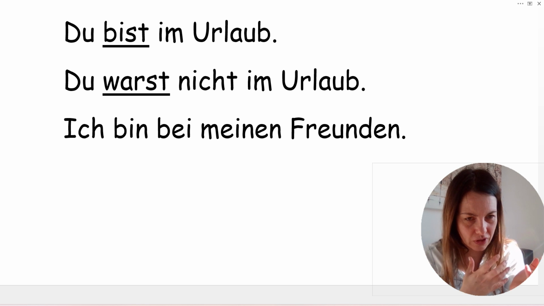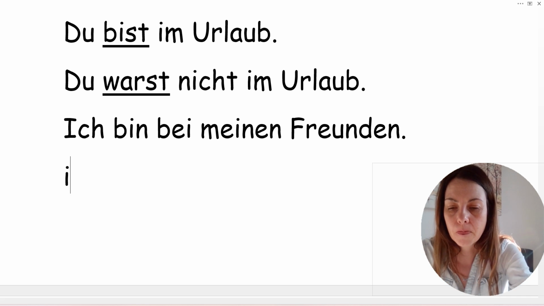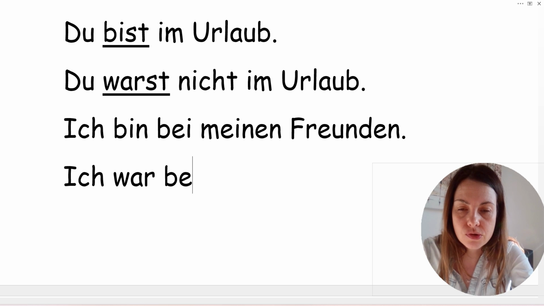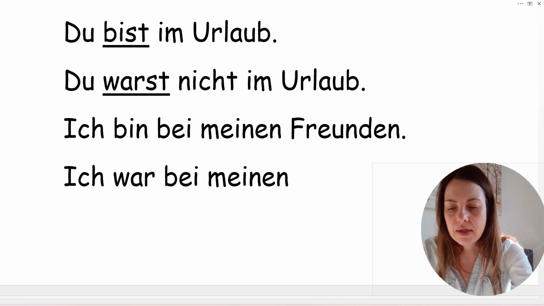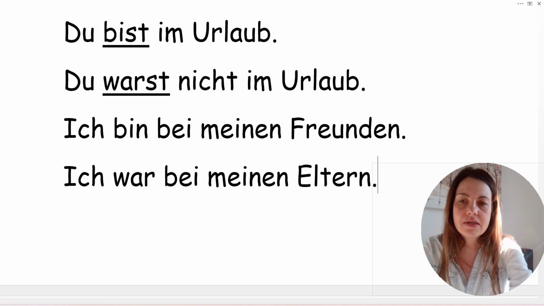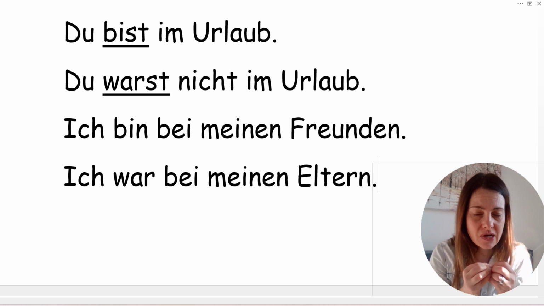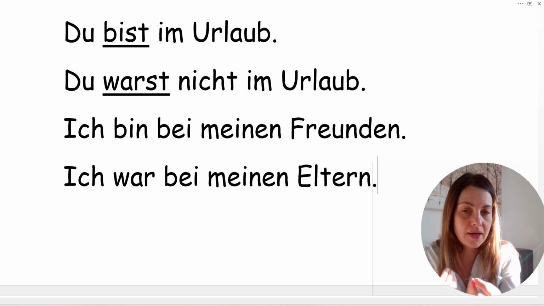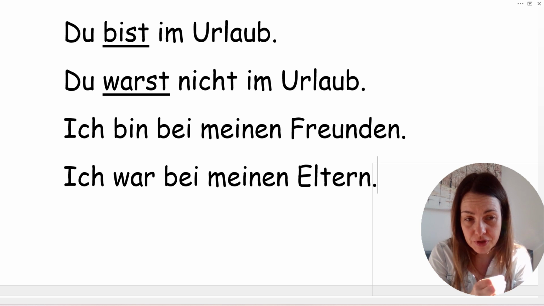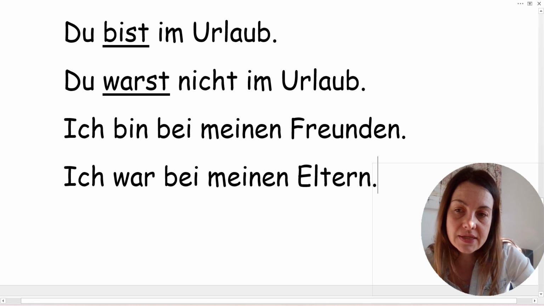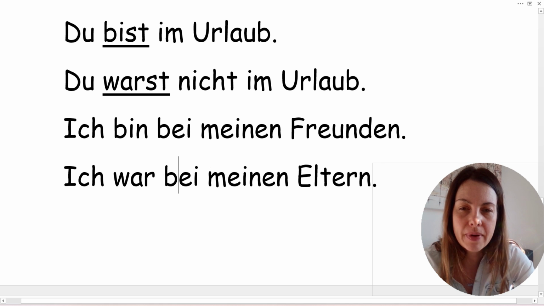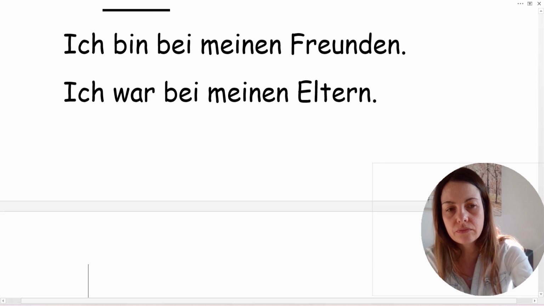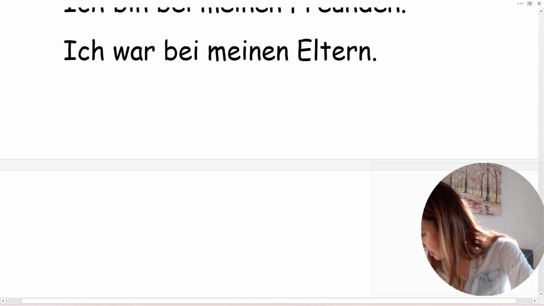Aber gestern, ich war zum Beispiel bei meinen Eltern. And yesterday I was at my parents' house. Ich bin bei meinen Freunden. Und yesterday, gestern, ich war bei meinen Eltern.